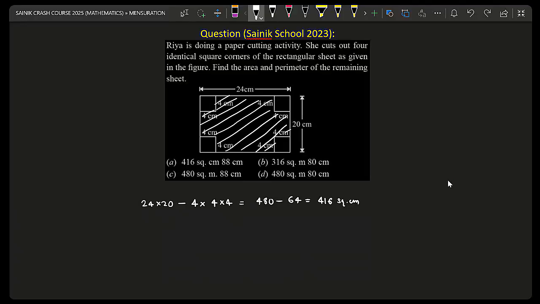Sir, the perimeter of the original rectangle itself is the perimeter, right? Okay, that is correct, but why? Sir, because the outside square can get folded into the inside square.